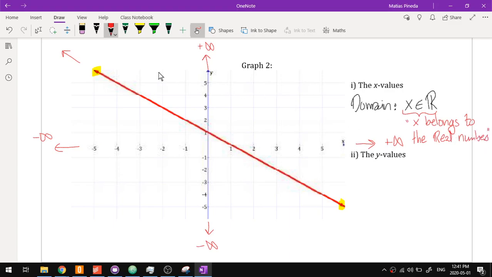So that's the domain. For the range, it's going to be the same thing. For the dependent variable, the y variable here, we're going from negative to positive infinity. So we're going to say that y belongs to the real numbers.